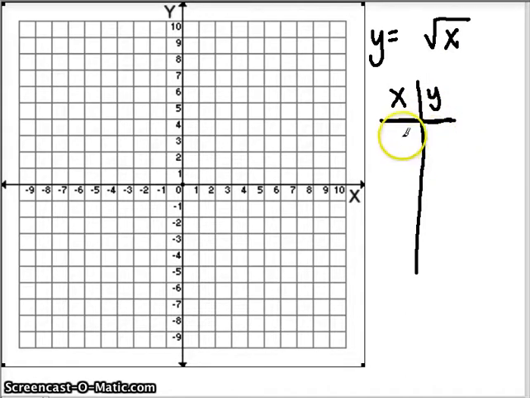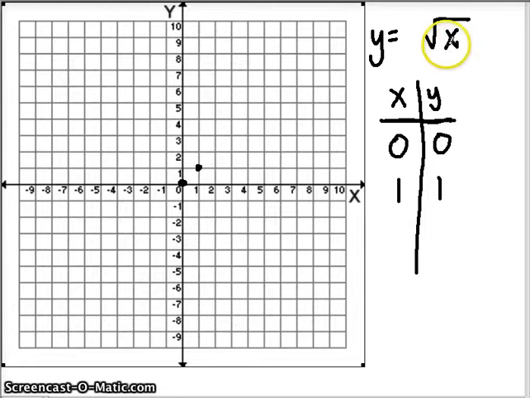So we can start with 0. If I plug in 0 here, the square root of 0 is 0. So there's a point on our graph, (0, 0). If I plug in 1, the square root of 1 is 1. So (1, 1). And again, coming up with values that make this really easy to solve is always the best.